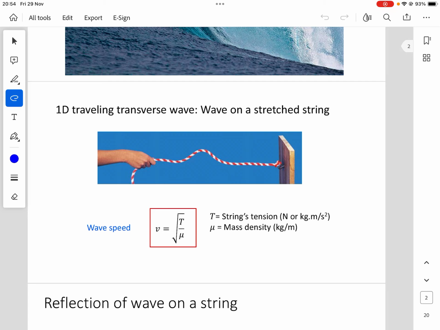The wave speed is equal to the square root of the string tension divided by the mass density. For one dimension, mass density should be in kilograms per meter, and tension is a force, so it should be in newtons.